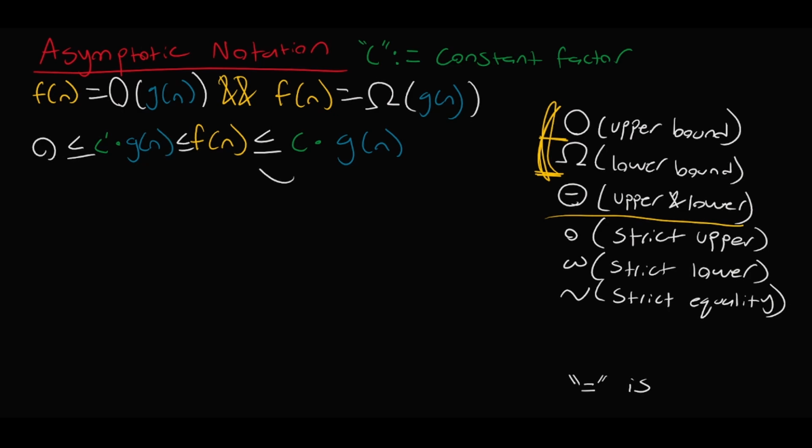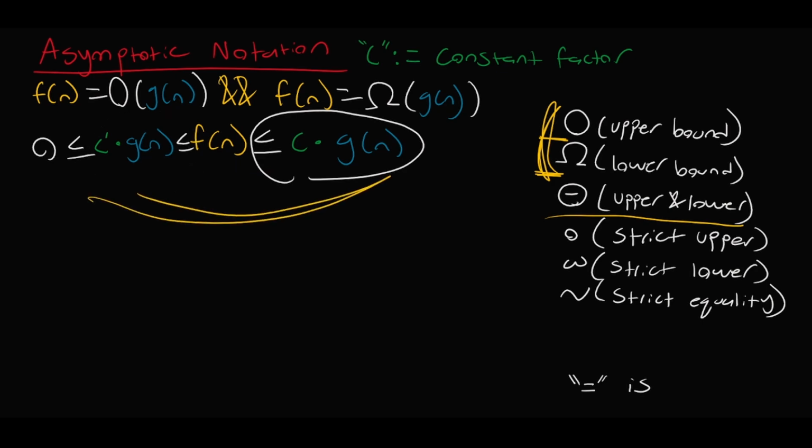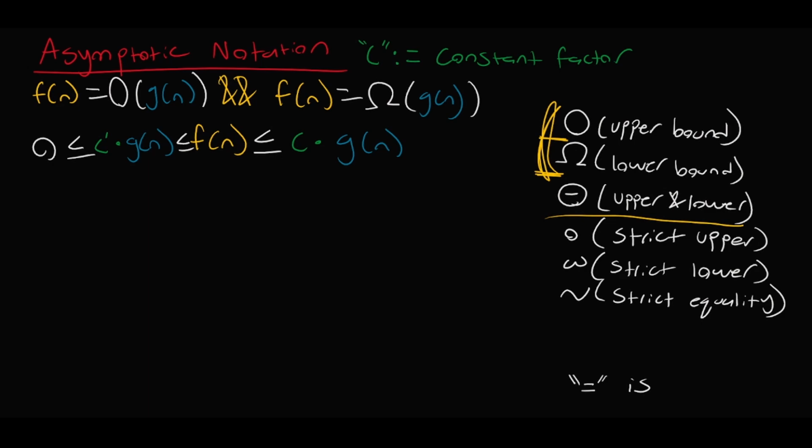So again, g of n is the upper bound, and g of n is the lower bound, and f of n is sandwiched between them. So it's a tight bound, it's sort of a loose equality. In terms of limits, as n approaches infinity, we have this sort of ratio. Let's see right here.